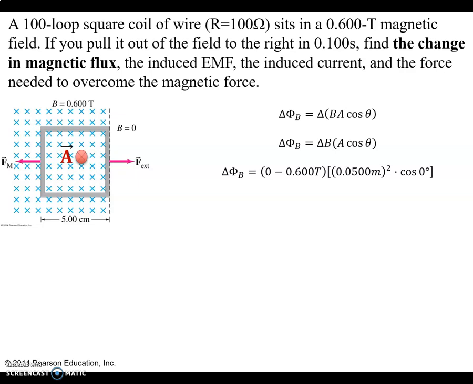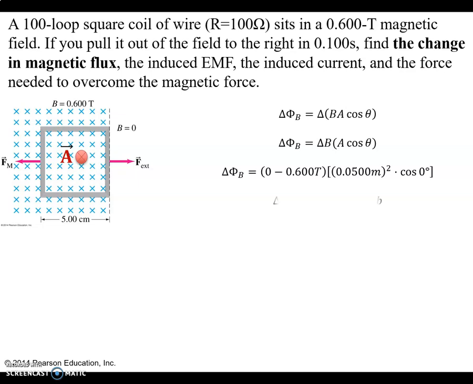Our area, it's a square, and the figure indicates that it is 5 centimeters on a side. So our area is going to be 0.05 meters squared. Then multiply that by cosine of theta, where we determined that theta is equal to 0 degrees. Plug that all into your calculator.